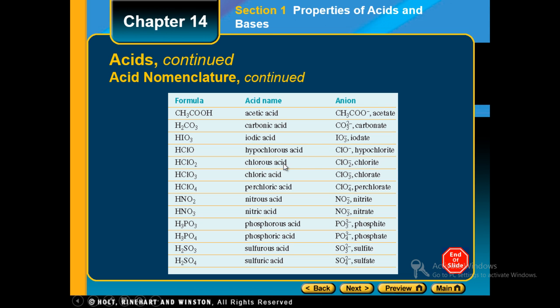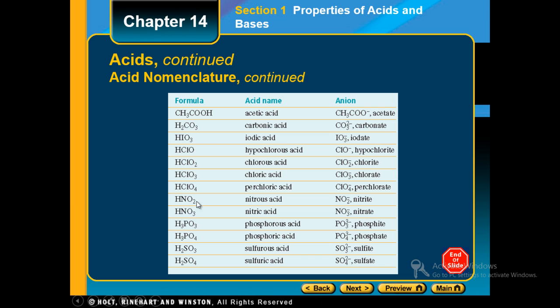Chlorite gives chlorous acid. And chlorate gives chloric acid, and ClO4, which is a perchlorate anion, gives perchloric acid.